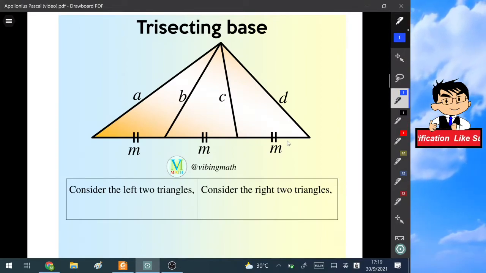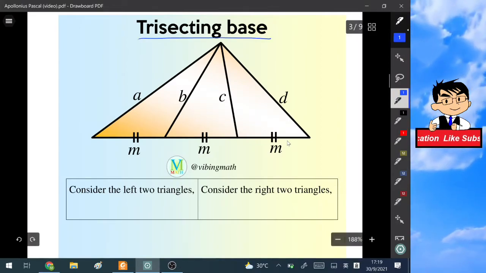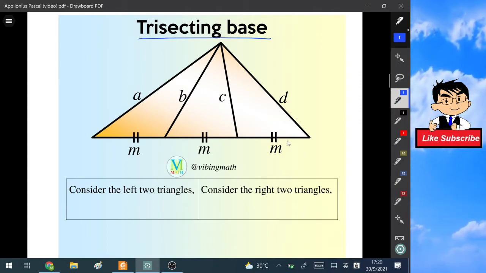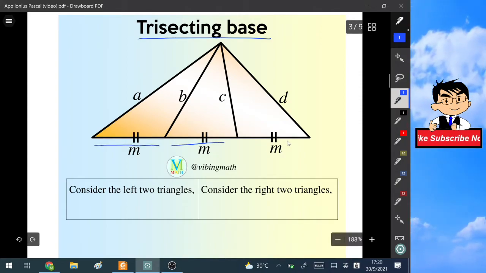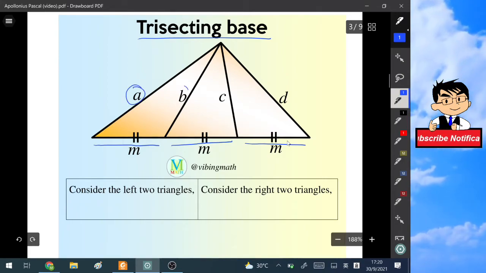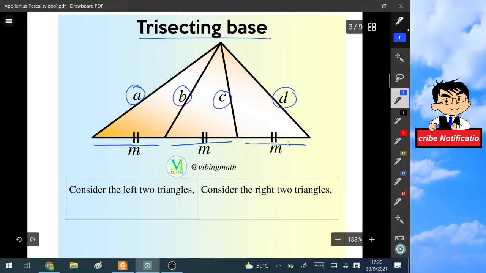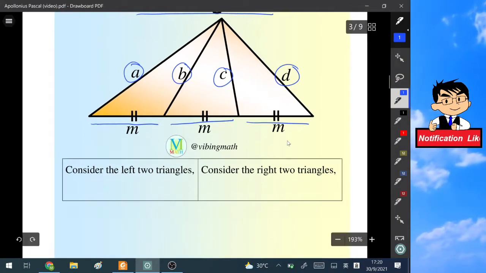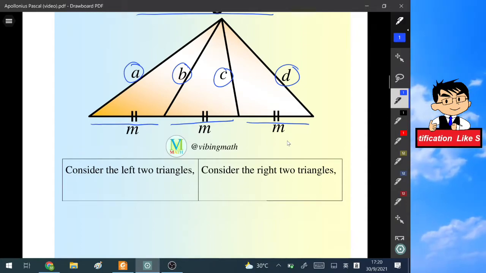So now let's trisect the base like the figure below. If we trisect the base, then each portion we label as m, and then we will have four points, A, B, C, D, which are labeled here. Now we can apply the Apollonius theorem we proved before.